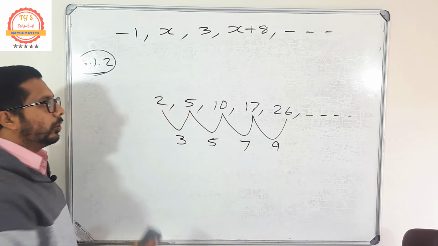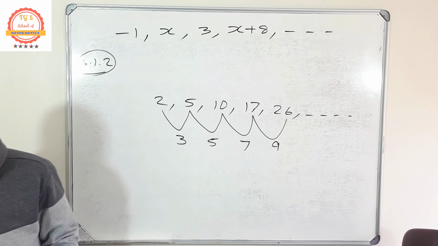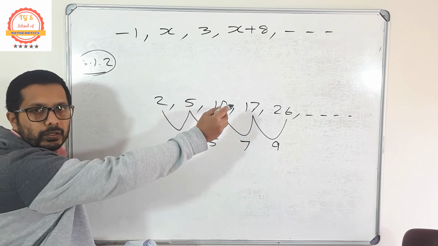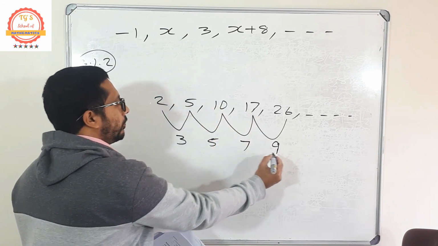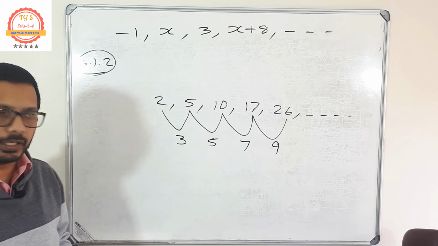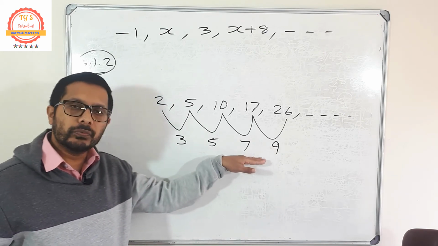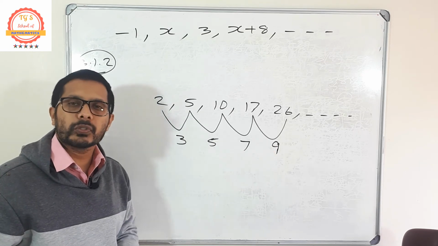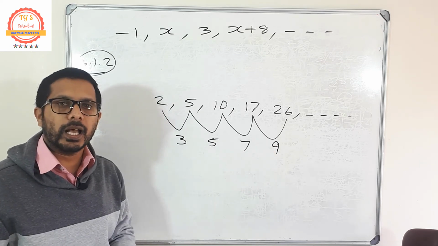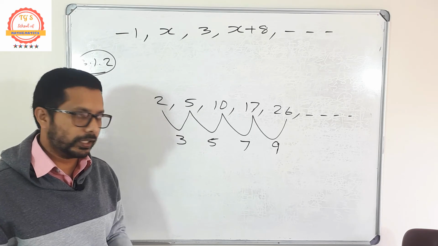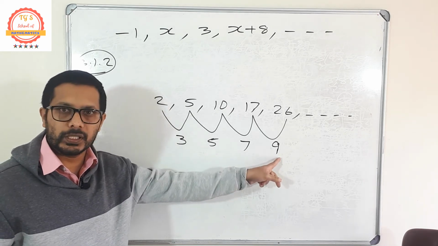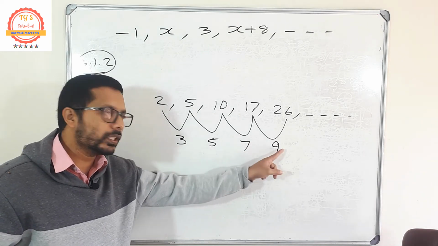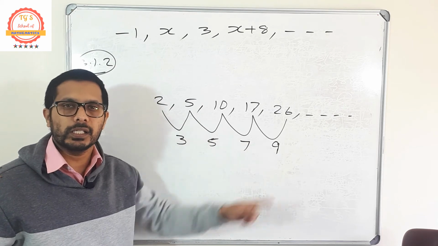So listen once more. Which one is the quadratic sequence? This given one. And which one is the first difference? This one. So in this first difference, 3, 5, 7, 9, what type of sequence is that? Arithmetic sequence, am I right? Because there is a common difference here. So this first difference is an arithmetic sequence.